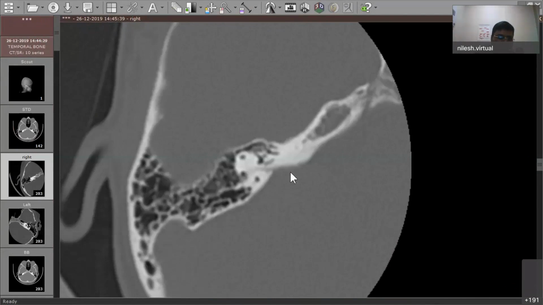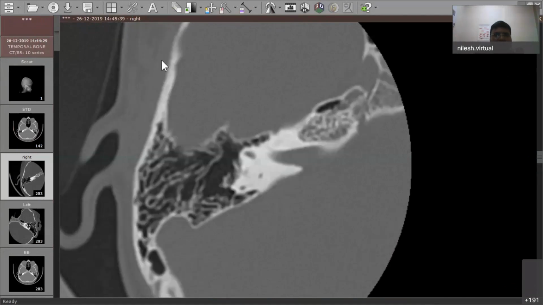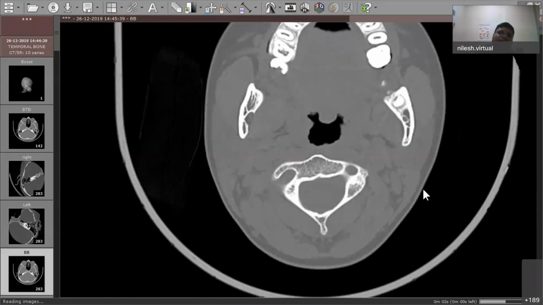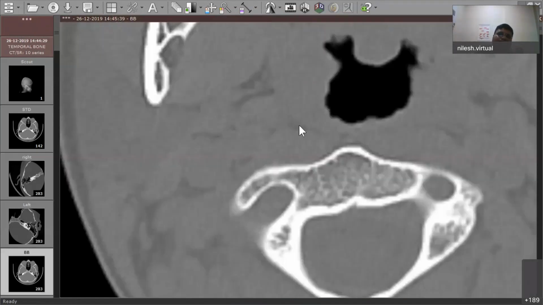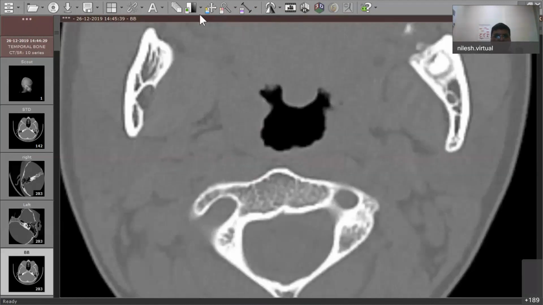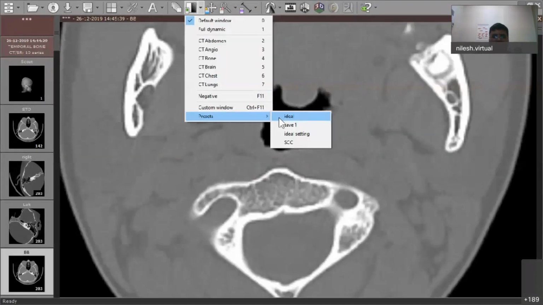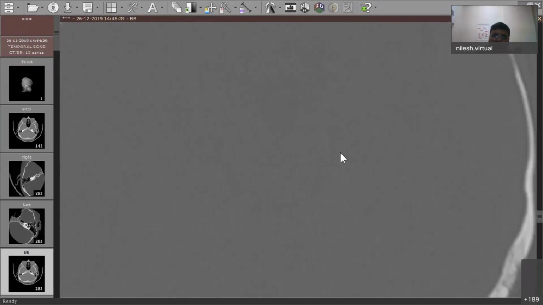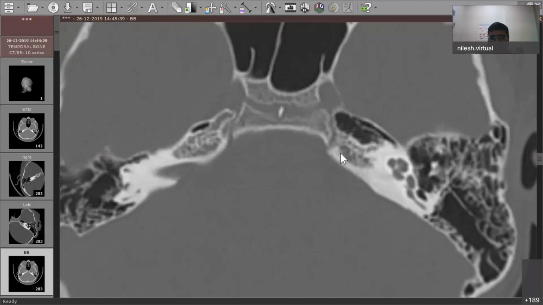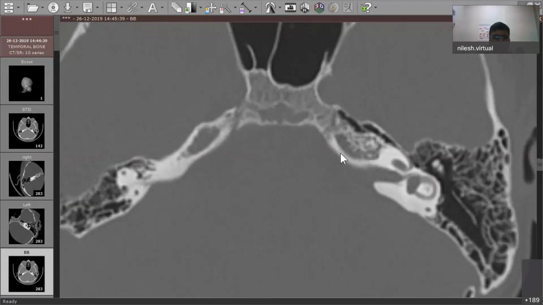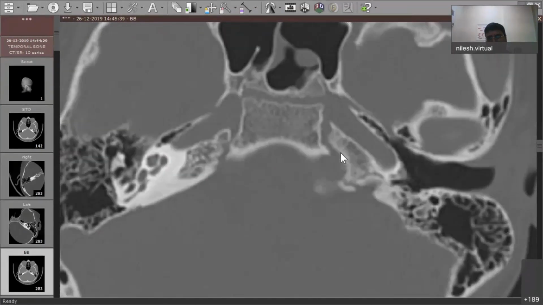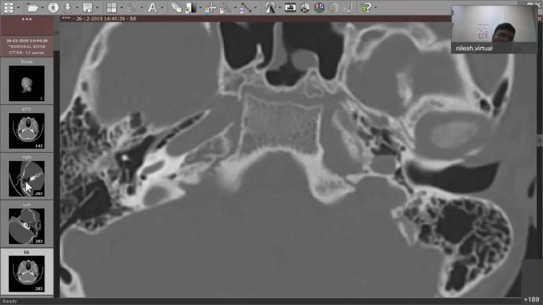I'll put both sides so that you can make out better. Yes, so go to the topmost part, find out the internal auditory meatus bilaterally. Bilateral anomaly.